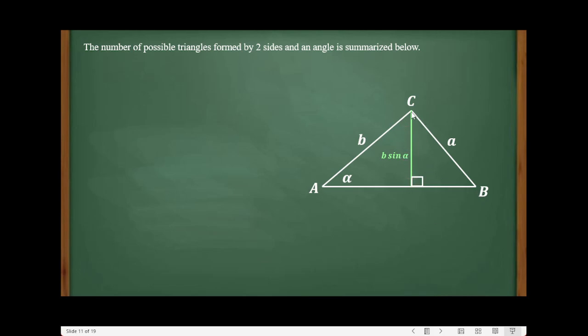This height right here is actually equivalent to b sine of alpha, which means b is your hypotenuse in reference to this right triangle.